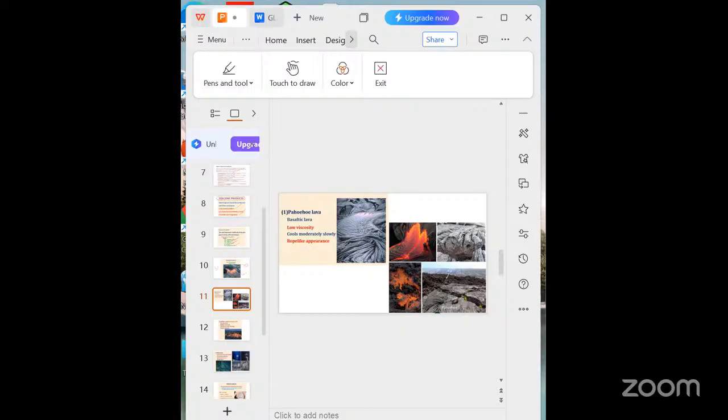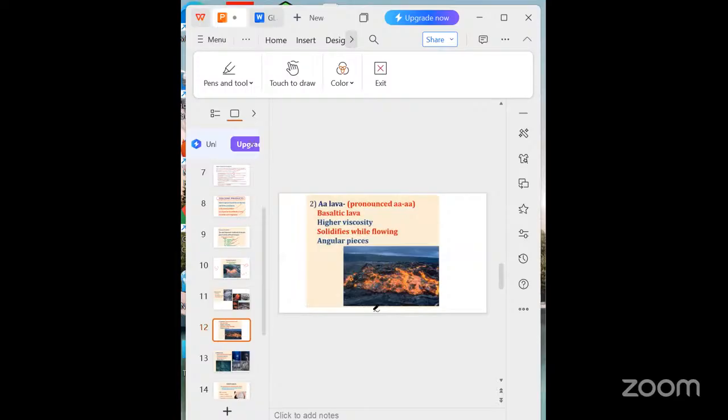And the next one, A'a lava, so this is also basaltic lava. It has higher viscosity and it solidifies with wide flows and also angular pieces, right?